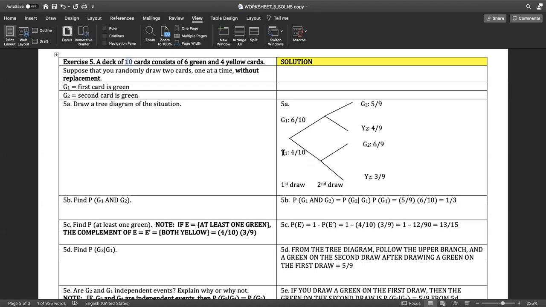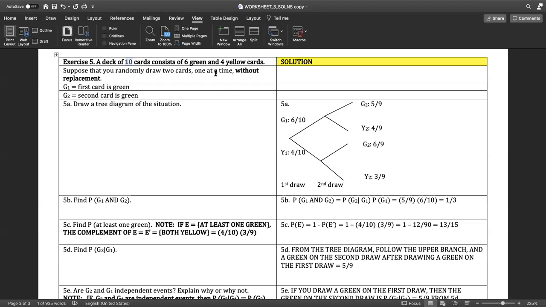Well, the probability of a yellow on the first draw is just 4/10. There are 4 out of the full deck of 10 cards. So the relative frequency is 4/10. Now, what's the probability, given that you drew yellow on the first draw, that you get a yellow on the second draw?